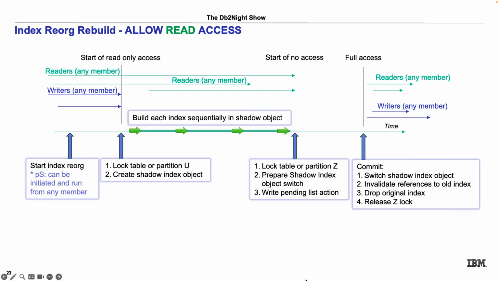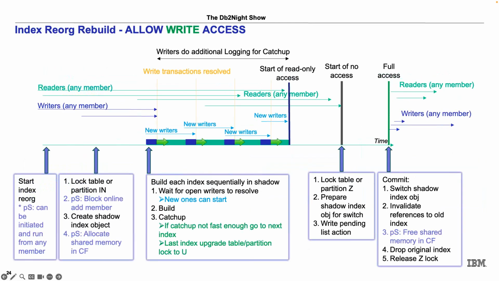Okay. All right, so next, let's move on to the allow write access. This slide has more stuff here. So this is the index reorg rebuild, allow write access timeline in pureScale. Same as before, the reorg command can be initiated from any member.